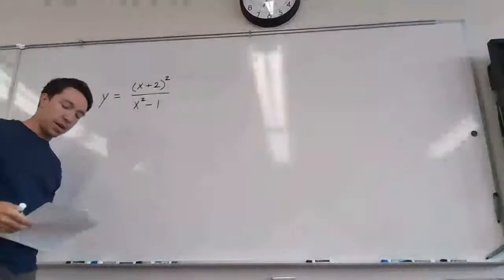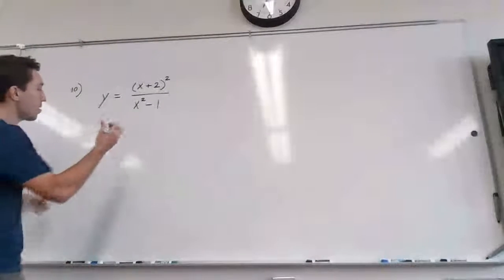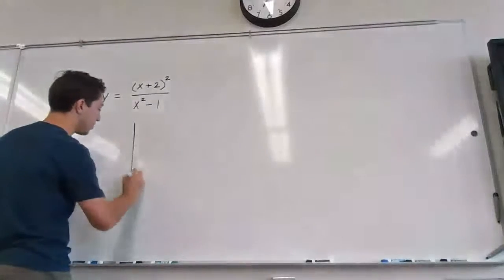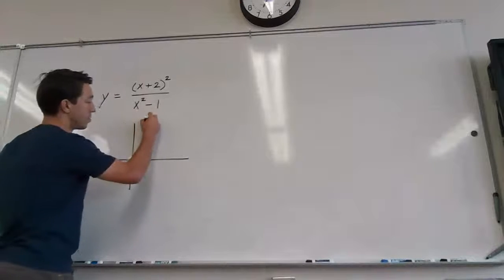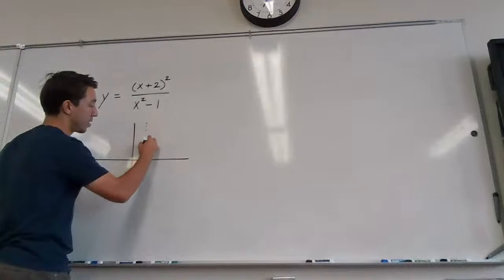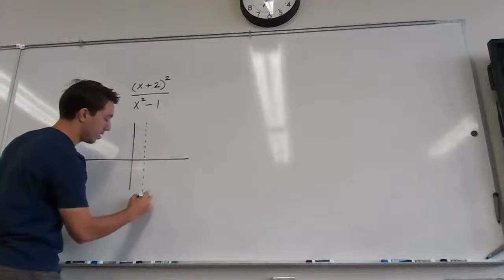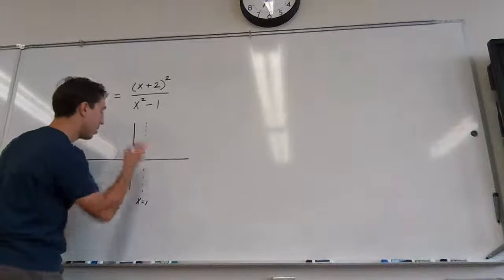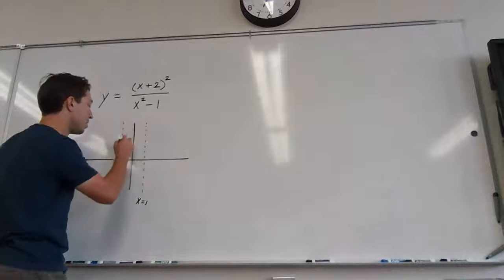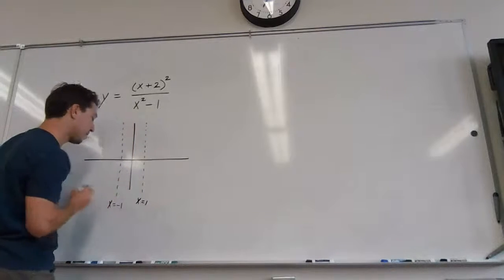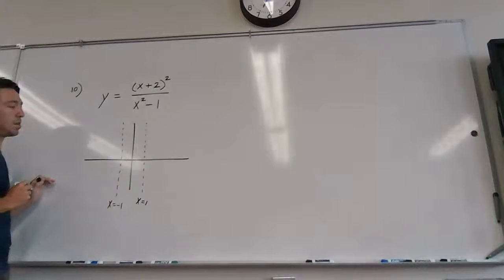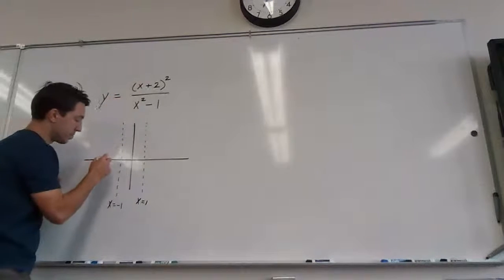So anyway, getting into it here, what this looks like, you have the 2 vertical asymptotes. There's one at x equals 1. There's another one at x equals -1. And then the root is at -2, 0.